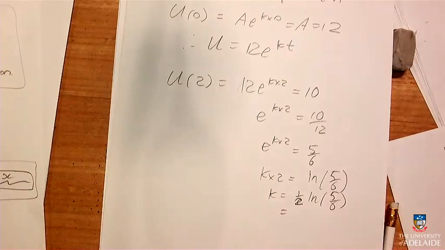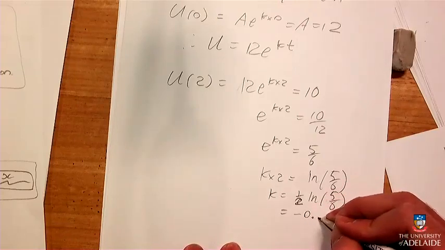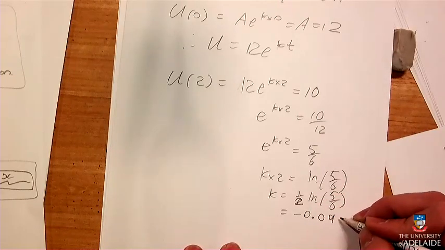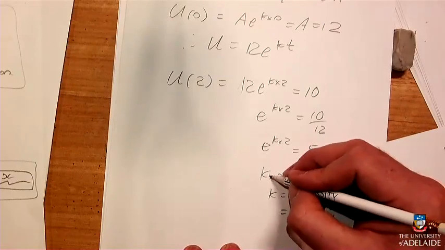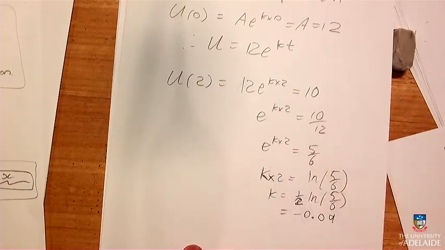I didn't bring a calculator, so I will use Desmos. Half of ln of 5/6. Yeah, k times 2, sorry. I really should have written it as 2k, but I was in the groove.